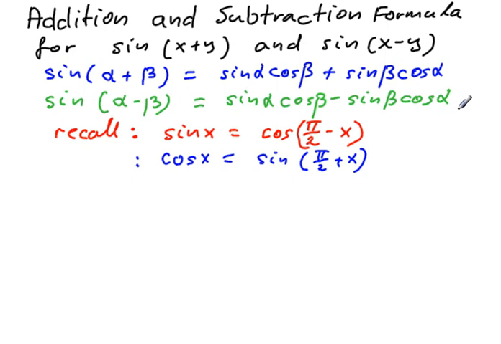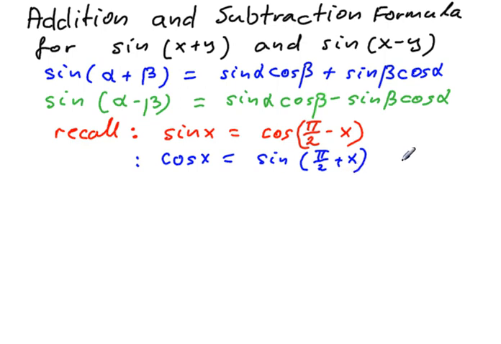So before we do that, I want you to recall the following cofunction formulas from the past. That sine x ratio is equivalent to cos pi over 2 minus x, and cosine x is equivalent to sine pi over 2 plus x.